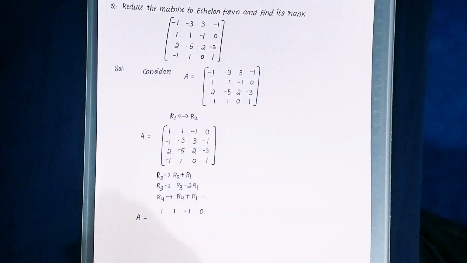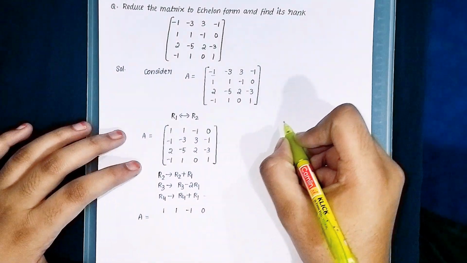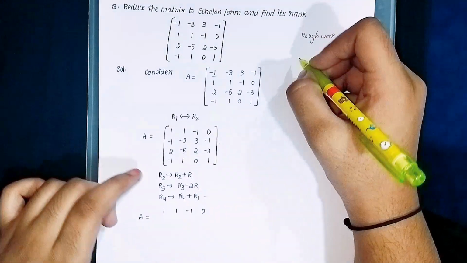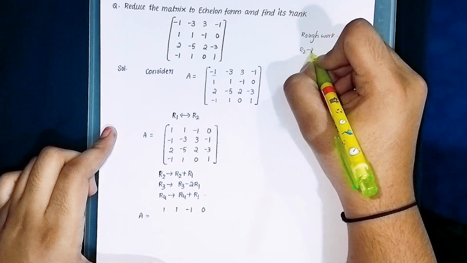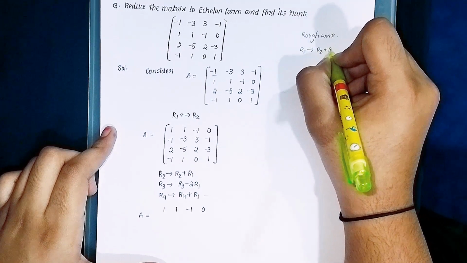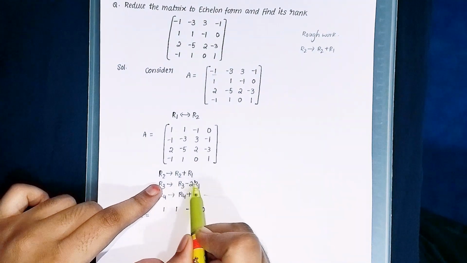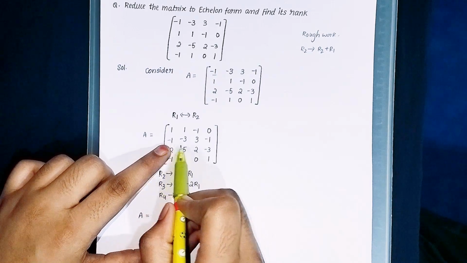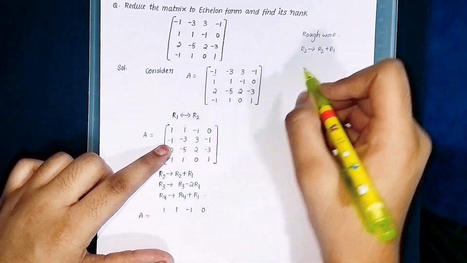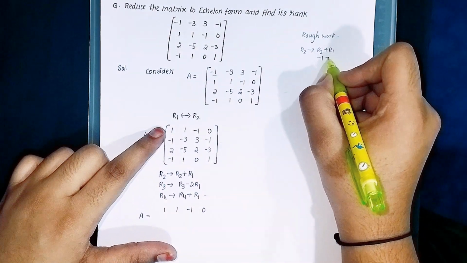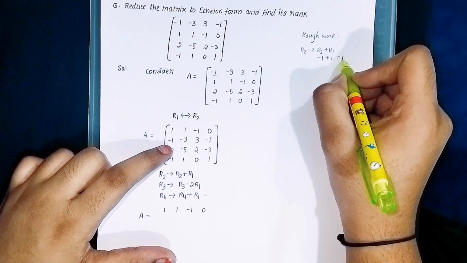Now coming to row 2, I will be explaining how you should do the rough work. Write the row operation: R2 tends to R2 plus R1. Now by using the numbers, in the second row we have minus 1, write minus 1, and then first row plus 1, add it, you'll get 0.